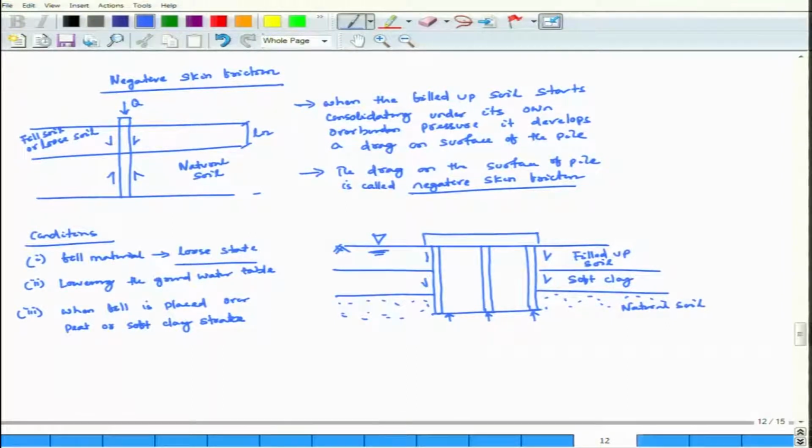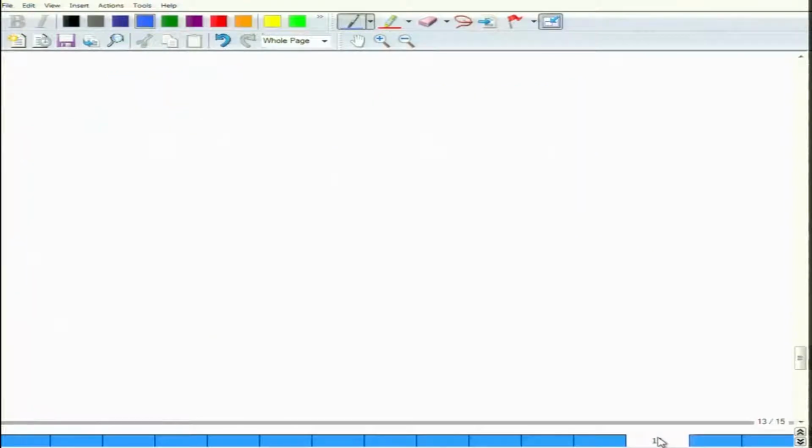These are the cases. Now, how to calculate negative skin friction for a single pile? First, let us say A, single pile.